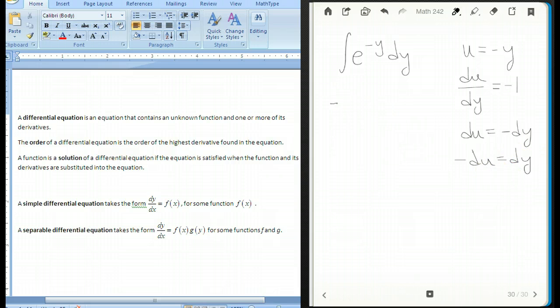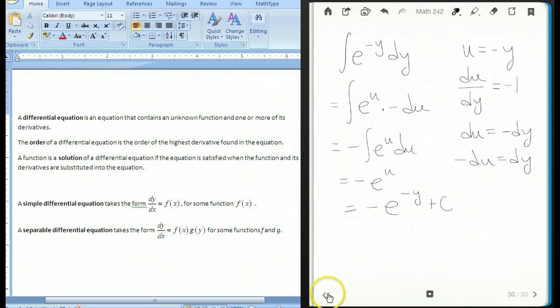Okay, so what that means is I can replace this with e to the u, and dy is negative du. Now that's not a subtraction, that's a multiply, right? Which means I can bring this out as negative integral e to the u du, and the antiderivative is then negative e to the u. But I got to plug the u stuff back in, so negative e to the negative y, of course, plus c.